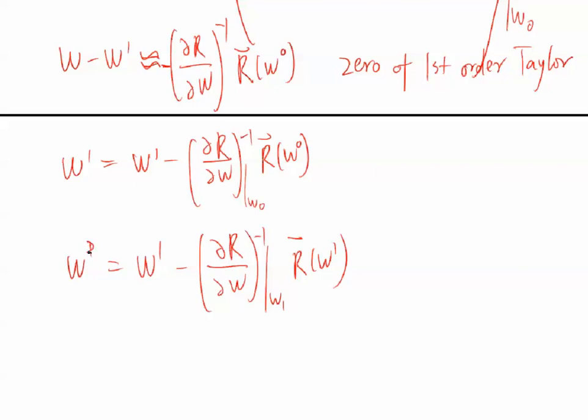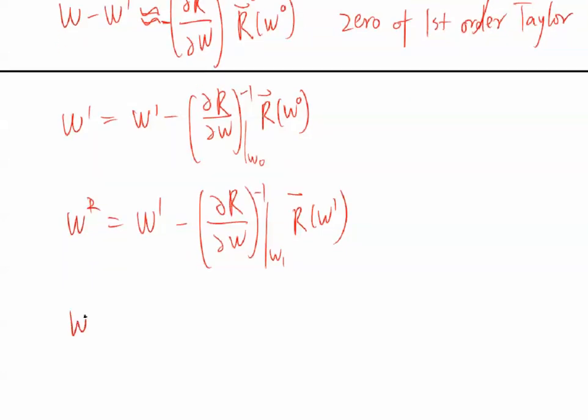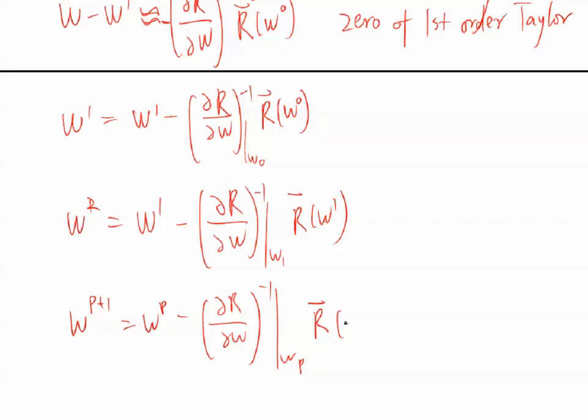So at some point, the approximation should be so good that R of WP should be almost 0.